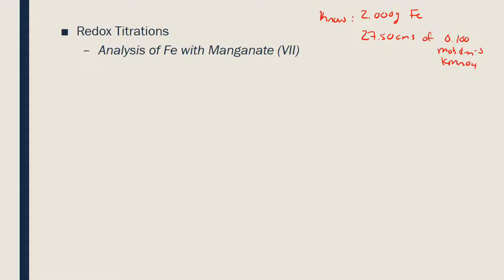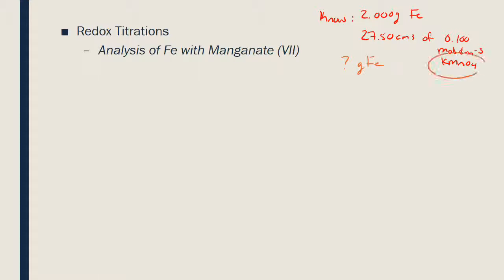Okay, what do we need? What are we looking for? What is our unknown? It says calculate the total mass of iron in the tablet and its percentage by mass. So we want to know the grams of iron.